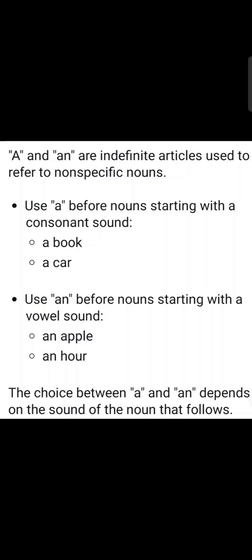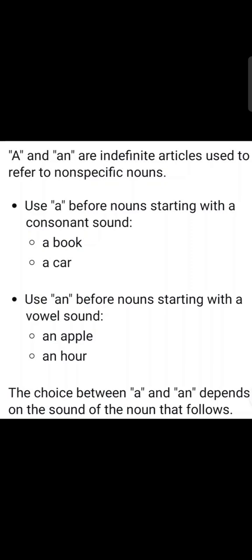So here we got to know that an is used before a vowel sound of any word. Again, I'm not saying that an is used before a noun starting with a vowel letter. I'm saying an is used before a noun starting with a vowel sound.